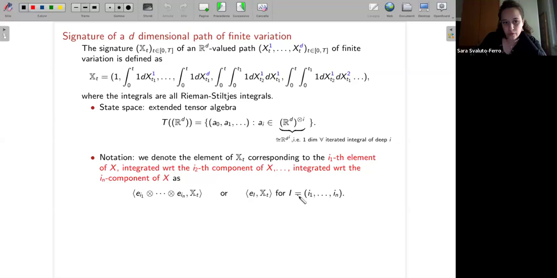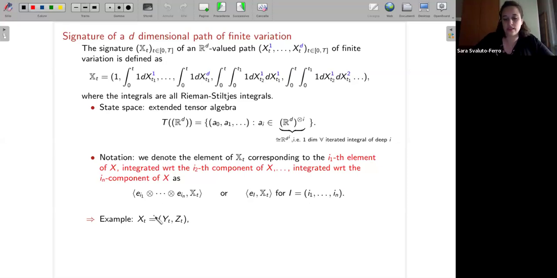This means that if we take this component of the signature, we are taking the i1 element of the path, integrated with respect to i2, integrated with respect to i3, and so on, till with respect to the component in of our path. We are just taking note of who we integrated with respect to whom and in which order. We cannot switch, otherwise we obtain something different. This is also important. So, that is a way to access the signature.